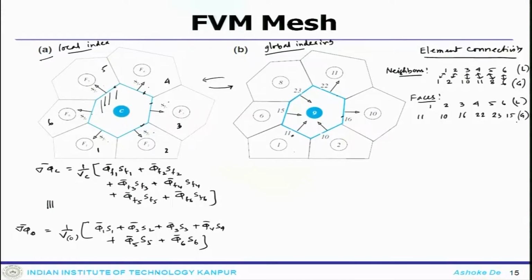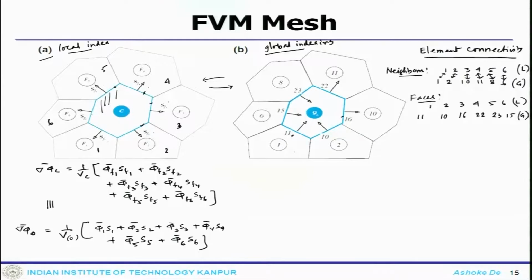So, if you see the kind of information that an unstructured grid system needs to have, that is quite rigorous, because it requires these neighbors and neighboring elements, then the local indexing of the neighboring element should be connected with the global indexing, that is one part of it, then the faces. Now, all the faces in the complete domain are numbered.